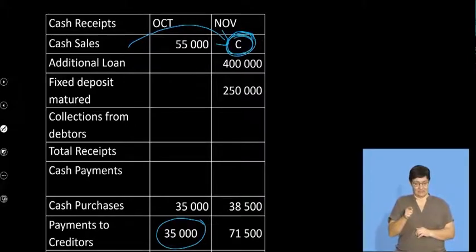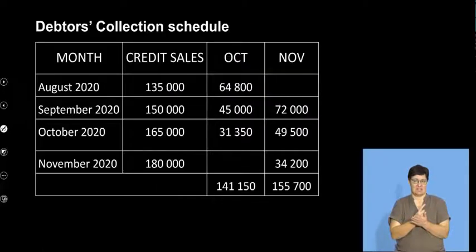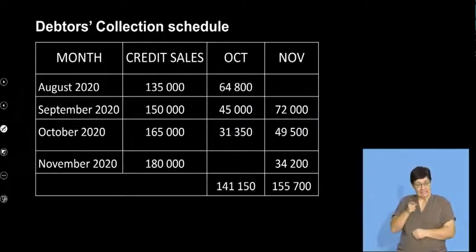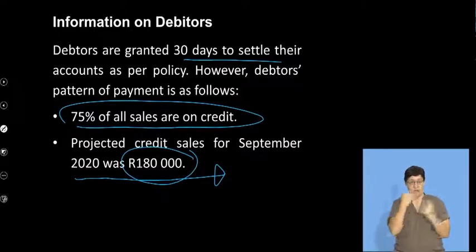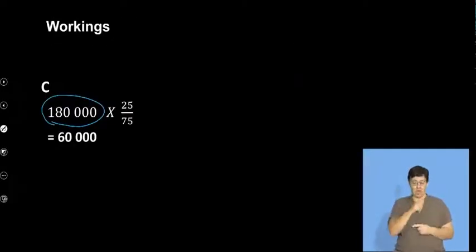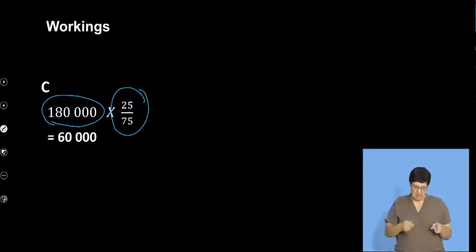Okay, and we always take into consideration that this is the information that you have regarding all your sales figures, and therefore, when you're working out, you calculate using the 180,000 Rand, and because you have the credit sales component, you can now calculate your cash sales component, because that is what we are required to calculate, our cash sales component.